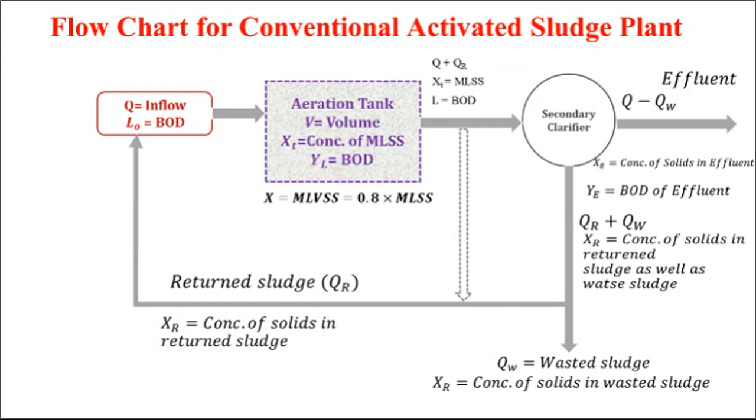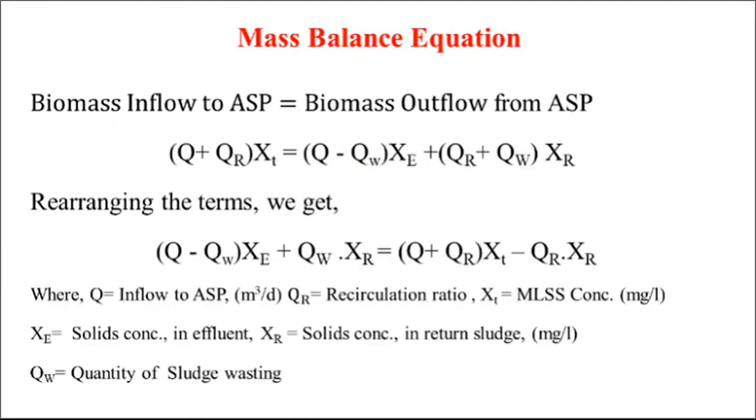Then we are going to study the mass balance equation for this activated sludge plant. The mass balance equation is nothing but what the different quantities are which come to the aeration tank and what are the different quantities which leave the aeration tank. So the mass balance equation for the activated sludge plant is: biomass inflow coming to the activated sludge plant is equal to biomass outflow leaving the activated sludge plant.